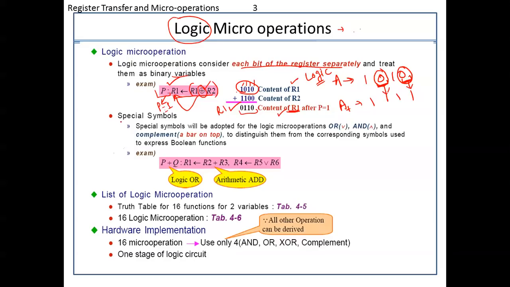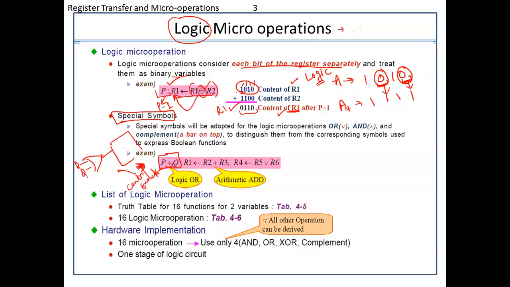In logic microoperations, we use some specialized symbols. The reason is that this example will demonstrate it better. This particular operation has a control function. This control function simply says to apply the operation on the data like this, right?